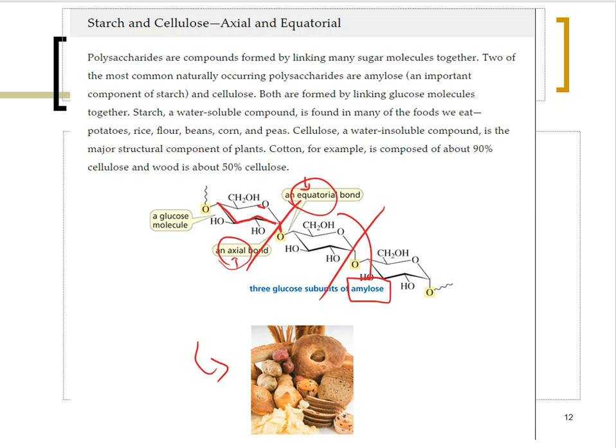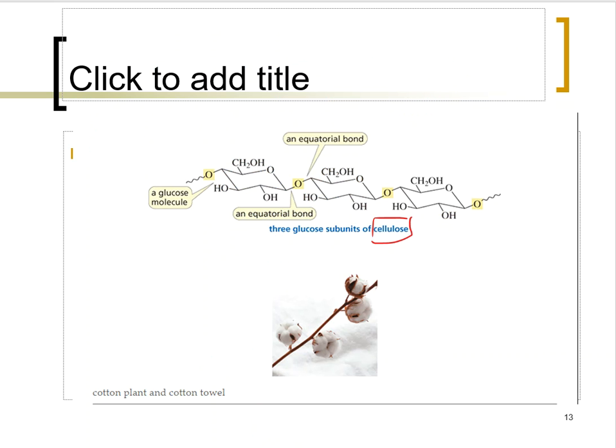Okay, which one of these do you want to eat? Do you want to eat this nice little bagel and maybe make a sandwich with this what looks like wheat bread? Or do you want to eat this cotton? Just the difference of axial and equatorial bonds will cause the major difference that you're seeing here. And now you know why axial and equatorial are so important. Okay, it's not something that I'm introducing to drive you crazy.